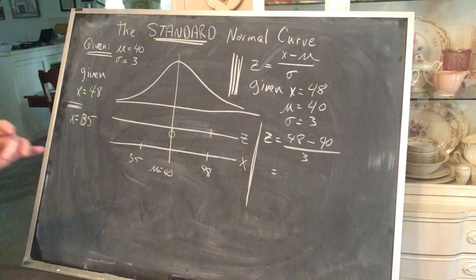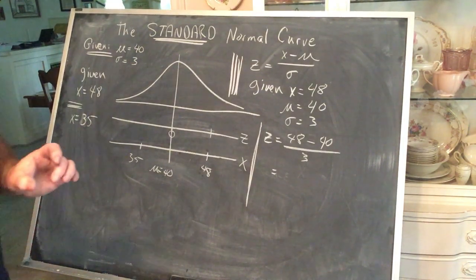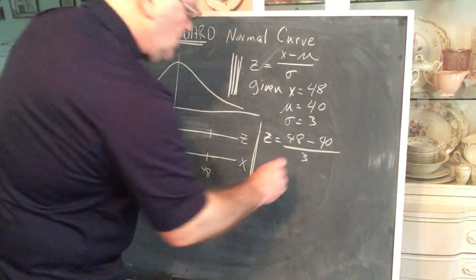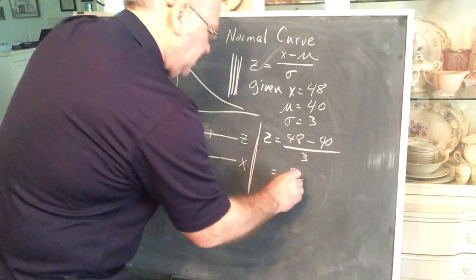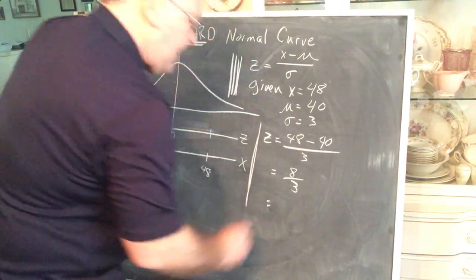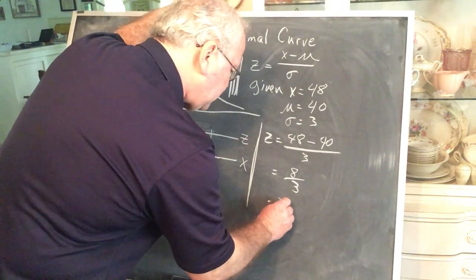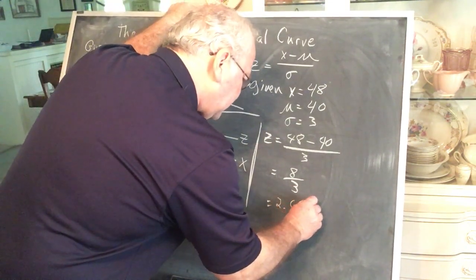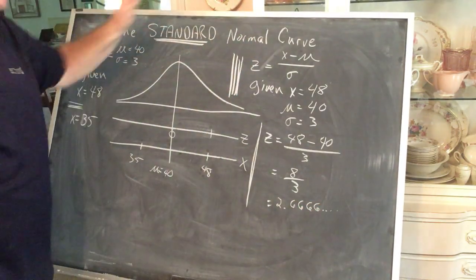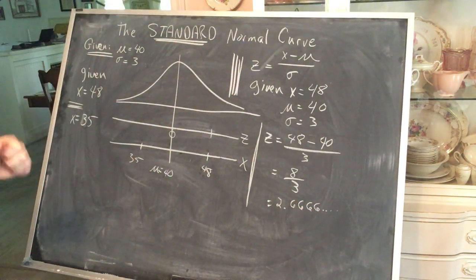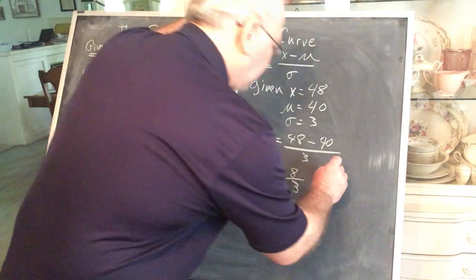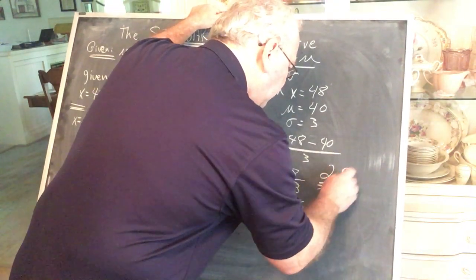Now, your calculator knows the order of operations even if you don't. So the safe thing to do is compute the numerator, hit equals, that's 8, over the denominator, which is still 3, and then 8 divided by 3 is 2 point. Now, if you look on your calculator, it will say 6, 6, 6, 6, continuing on. For our purposes, until further notice, everything we do with z-scores requires 2 decimals.